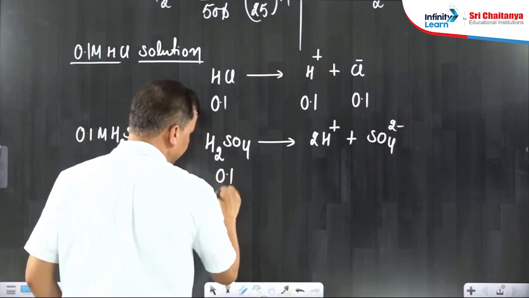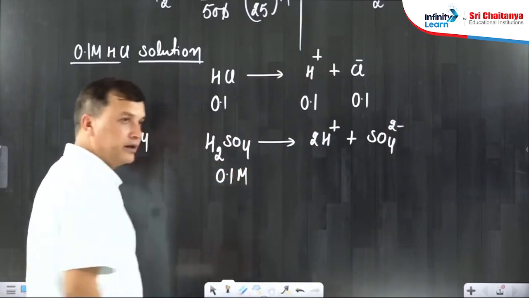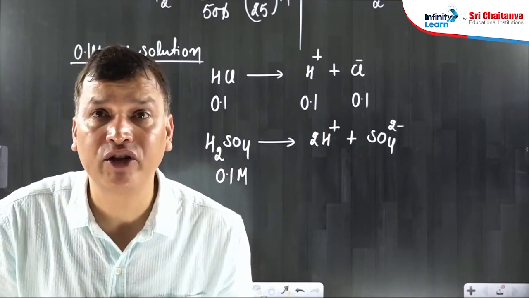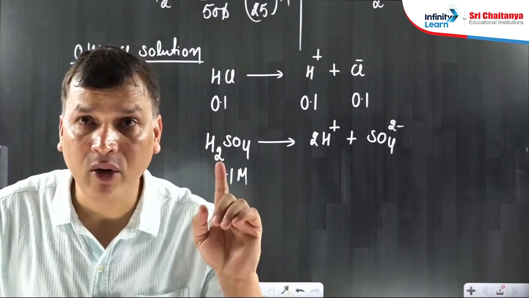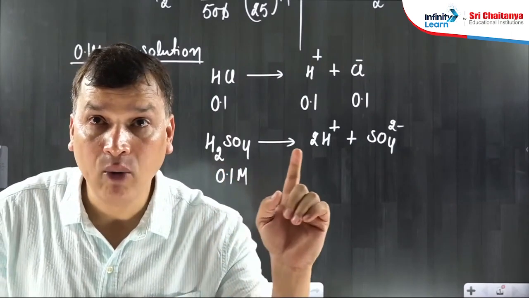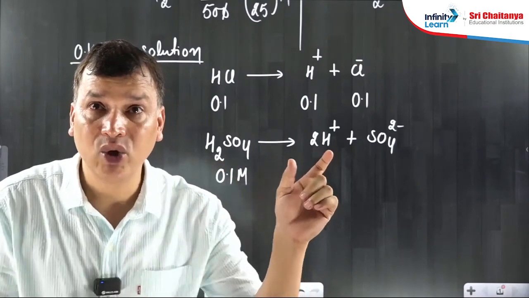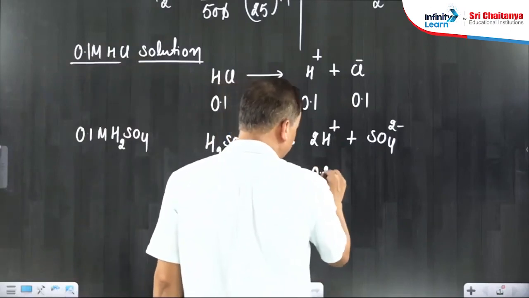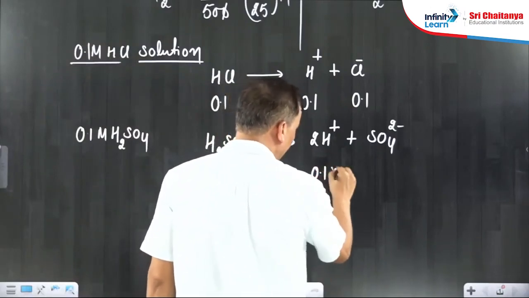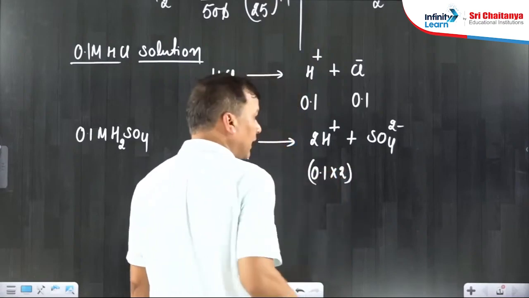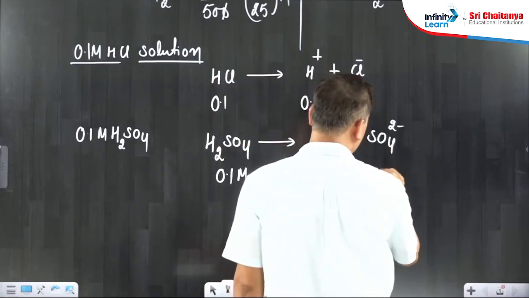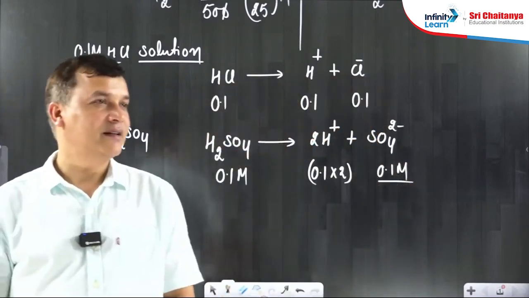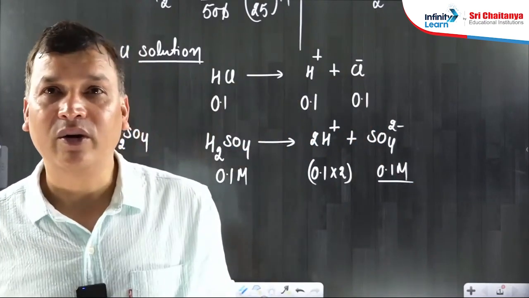It is 0.1 molar. What will be the molar concentration of H positive? From one molecule of sulfuric acid, how many H positive are ionizing? 2 H positive. So the molar concentration of H positive will be 0.1 into 2. And the molar concentration of sulfate ion is 0.1 molar only. Did you get it or not?